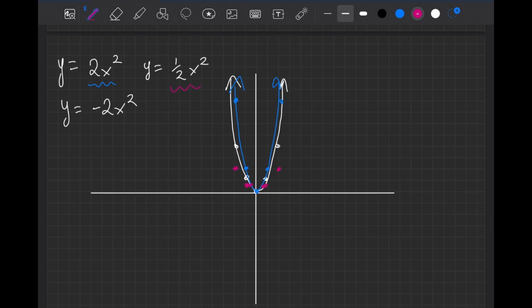And for left to right 3, up 9 would become left to right 3, up only 4.5. So roughly something like right here, and then connect the dots.